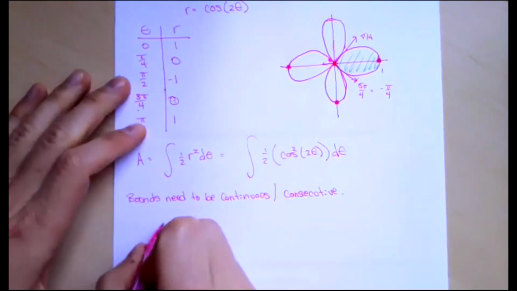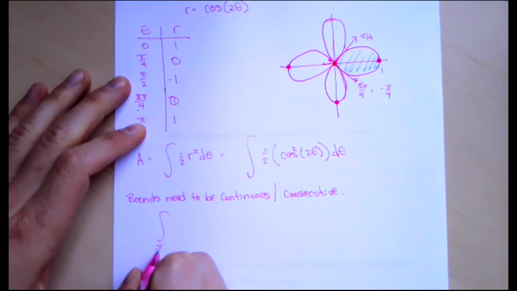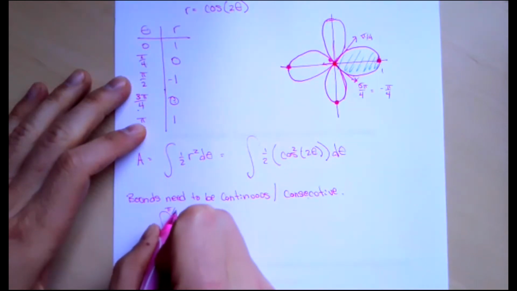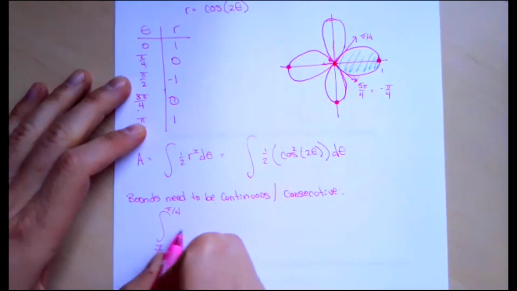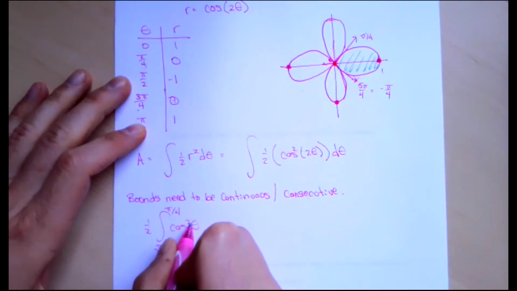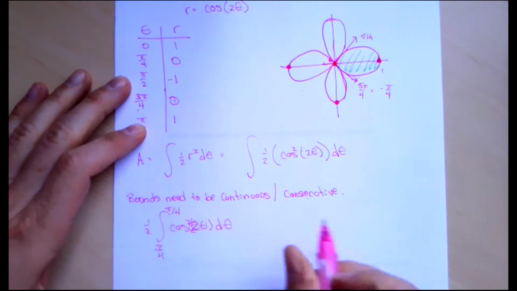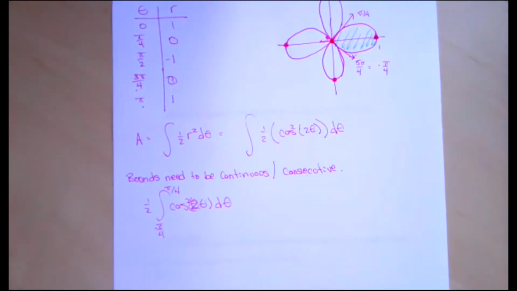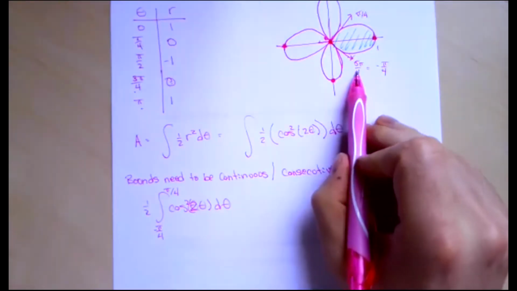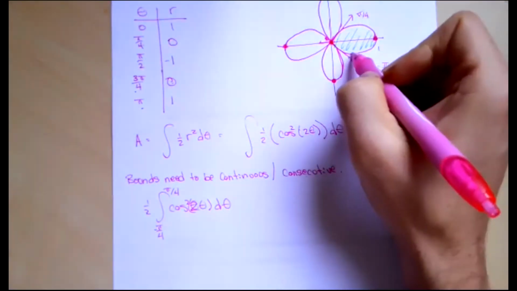So our integral is from minus pi over 4 to pi over 4 of 1/2 cosine squared 2 theta d theta. We could have started at 5 pi over 4 and continued if we wanted to.